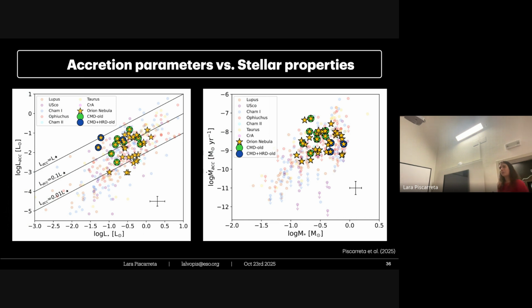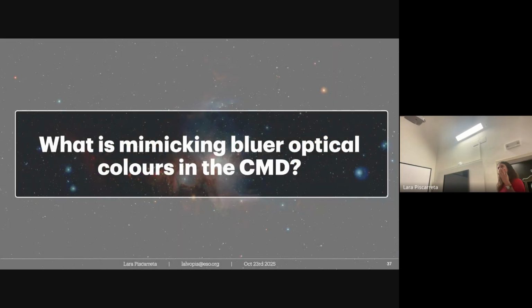And this might help us in trying to answer the last and final question, which is: if we basically consider extinction and accretion, and most of the sources are indeed younger, then what is mimicking bluer optical colors in the color magnitude diagram? So what is messing with our photometry, basically? And to do this, we tried to isolate the accretion contribution.